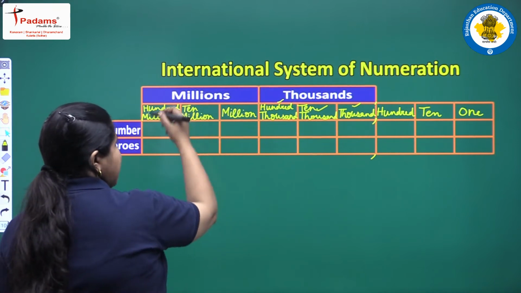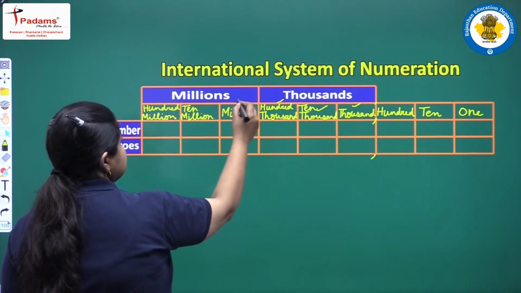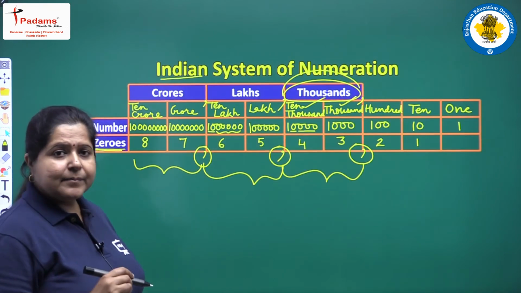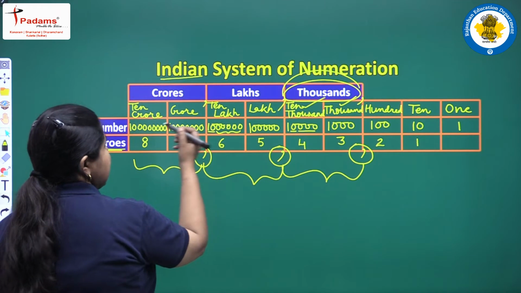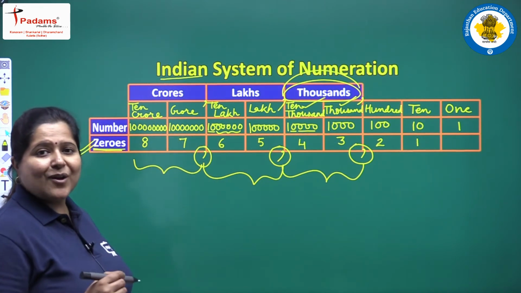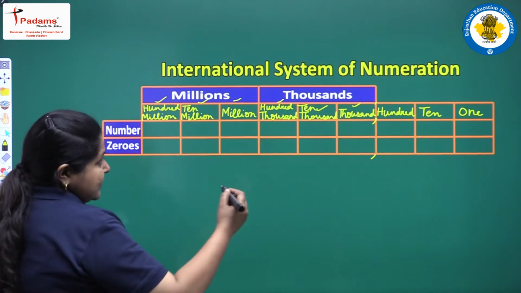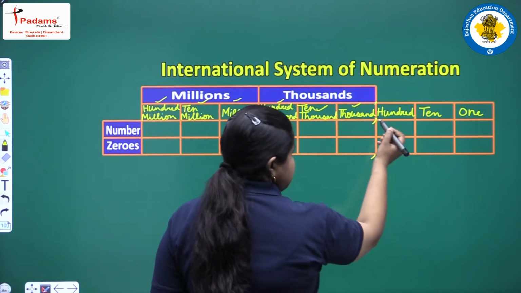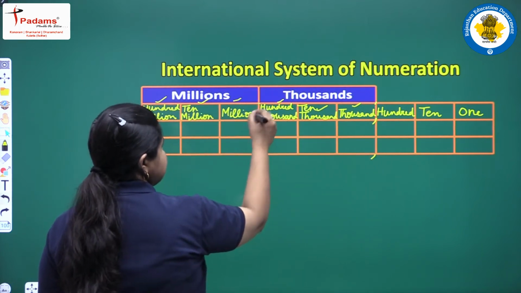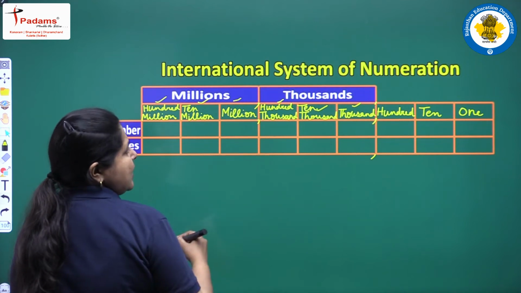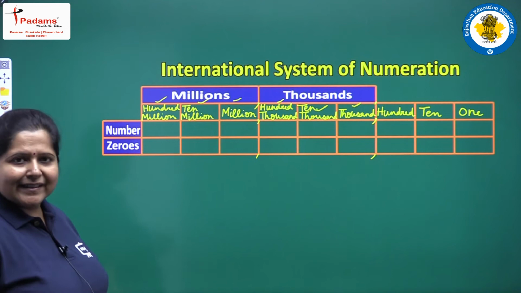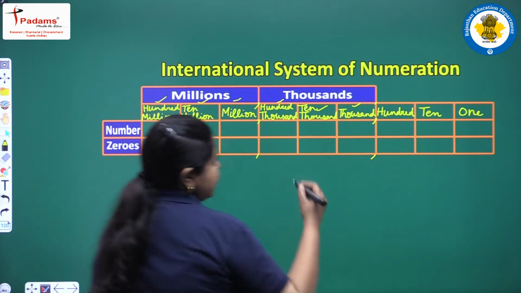Next we have millions with 3 members, million, 10 million, 100 million, whereas in the Indian system we had lakhs and crores. This is the difference between the two systems of numeration. Then the first comma we will place just before 100, the second comma just before the thousands place value, that is before 100,000, and then we have the remaining digits. Clear to you?